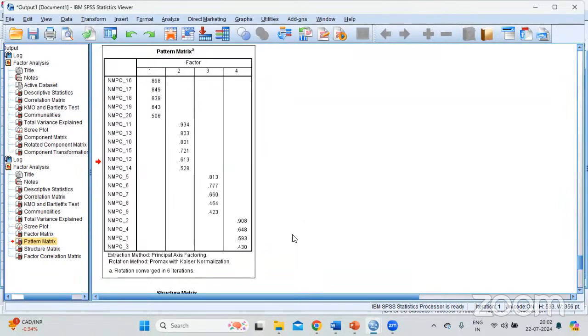So we can apply both these methods for our analysis. Although, since we are looking into the theoretical aspects of it, common factor analysis is more suitable for this particular work that we intend to do.